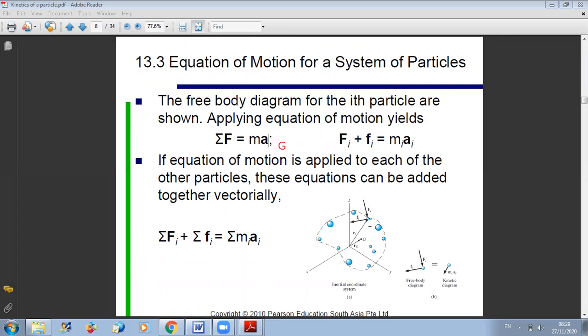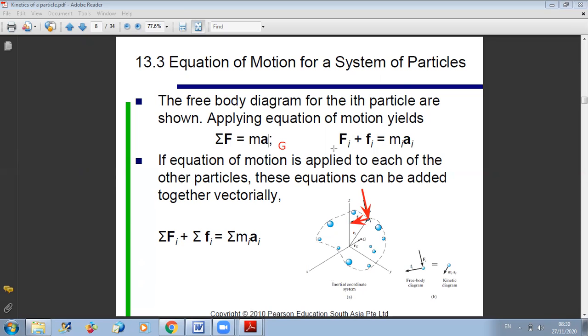If you look here at the case, if I take each particle separately and I take into account the forces acting on it, the forces acting on it are due to external forces plus due to interactions between this particle and the other particles. Because you know that any two particles will have interaction between each other. Okay? Now, what will happen when I do the summation?